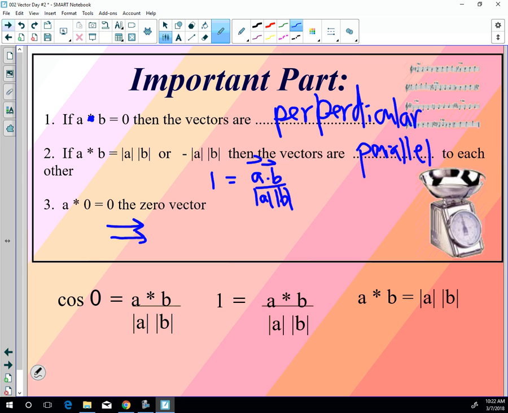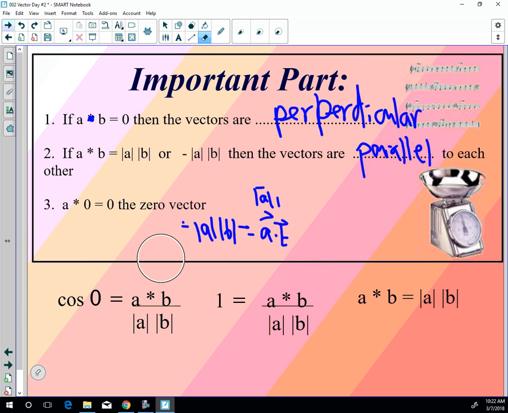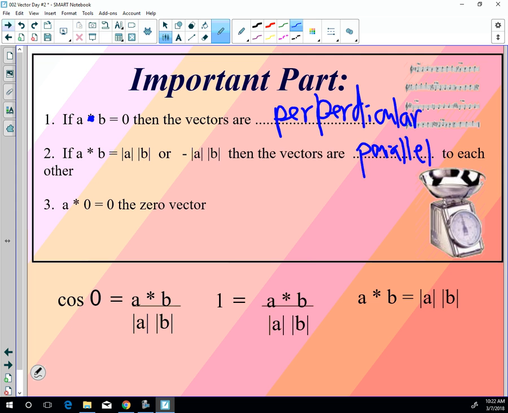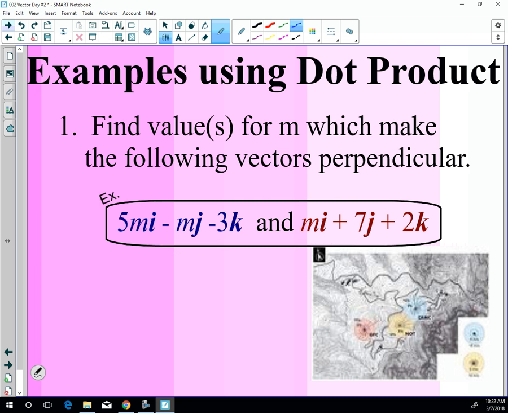So if the dot product is equal to magnitude of A times magnitude of B, do you see how that plus or minus could be parallel? They could be this way or this way, parallel. Not a big deal, but I just thought I'd mention that. Happens very rarely. A dot 0 is a 0 vector. We're good with that.